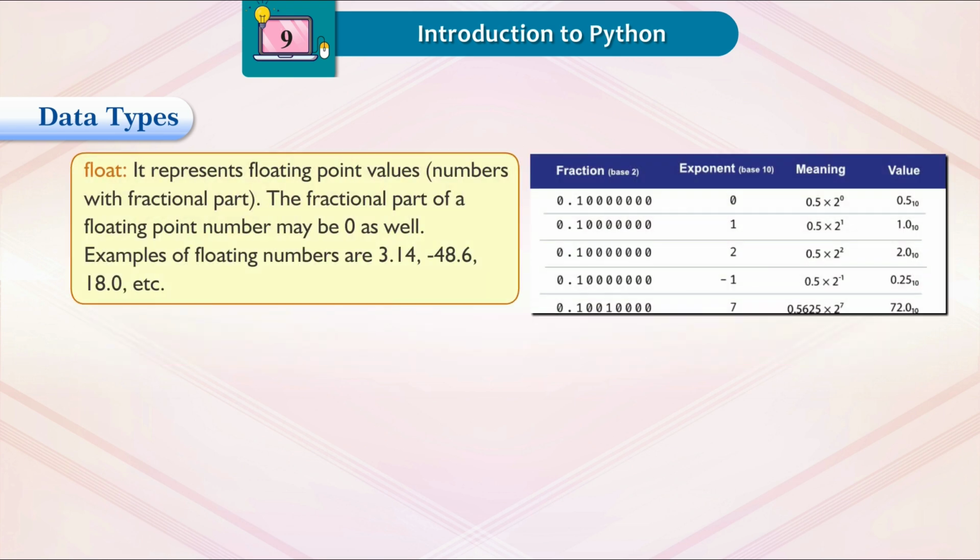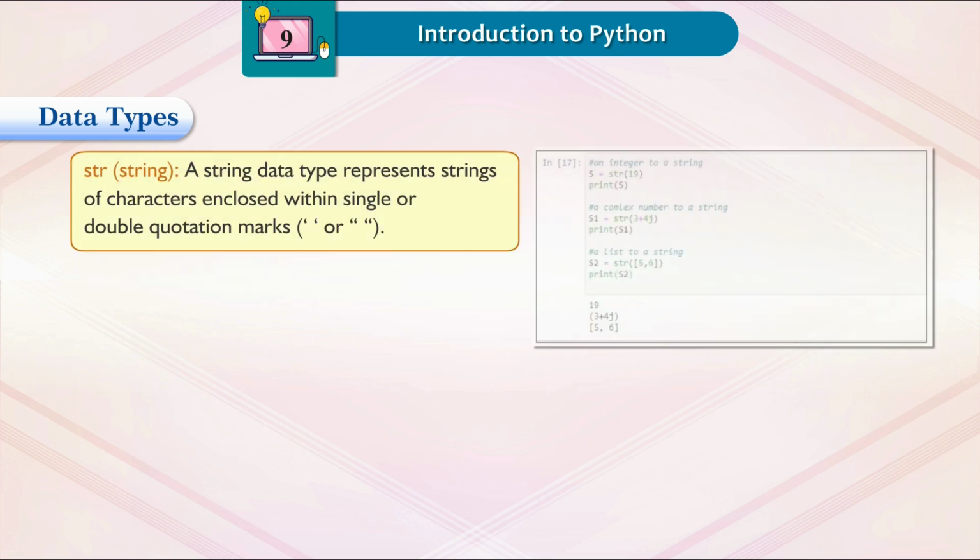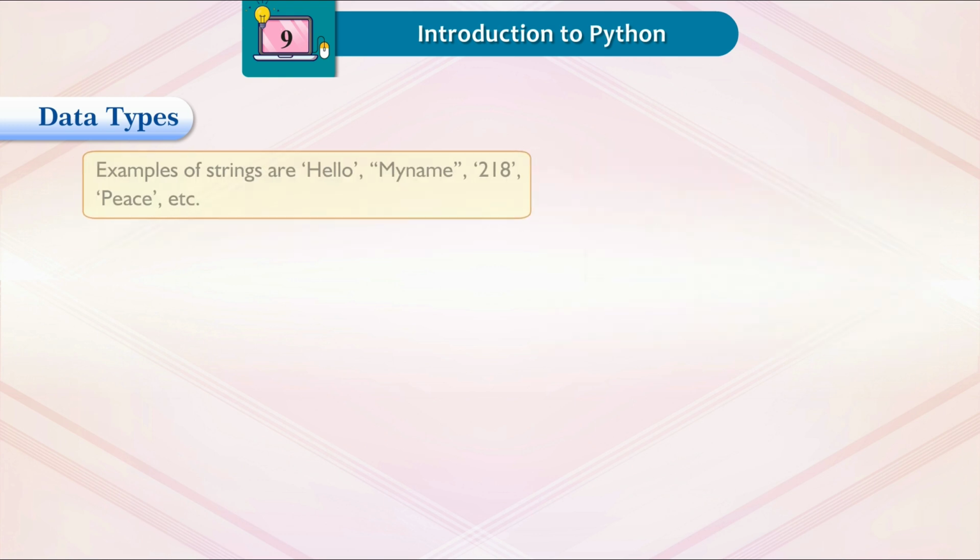Float. It represents floating point values, numbers with fractional part. The fractional part of a floating point number may be 0 as well. Examples of floating numbers are 3.14, -48.6, 18.0, etc. String, str. A string data type represents strings of characters enclosed within single or double quotation marks.